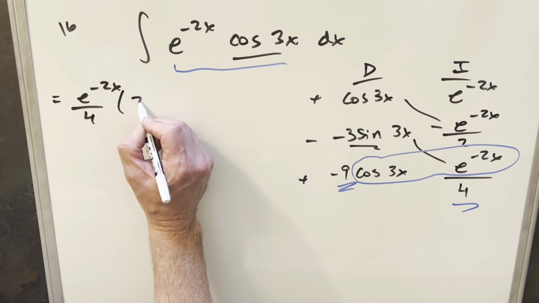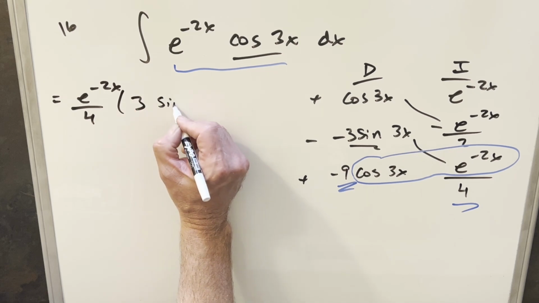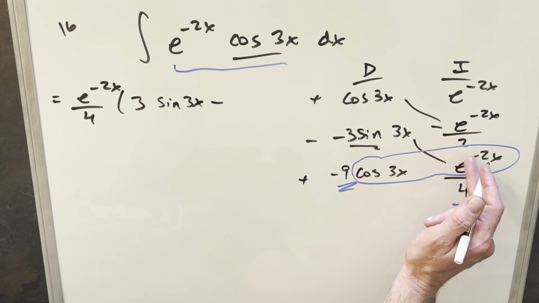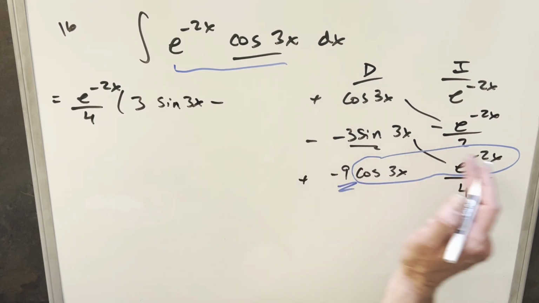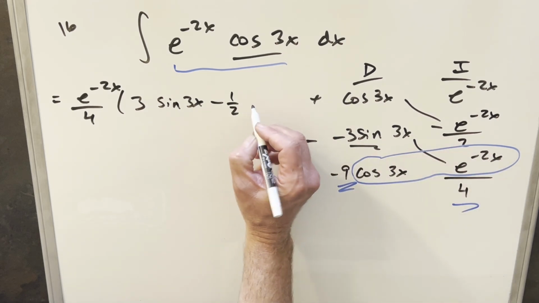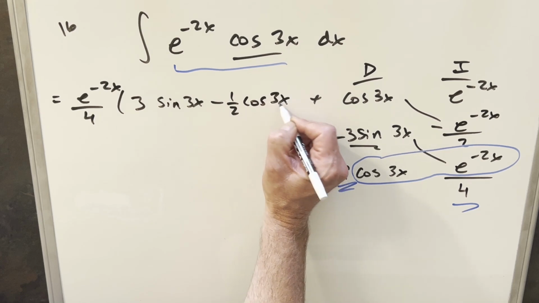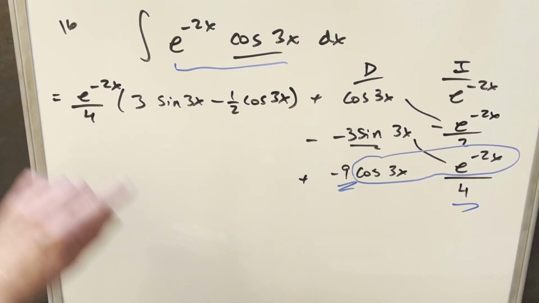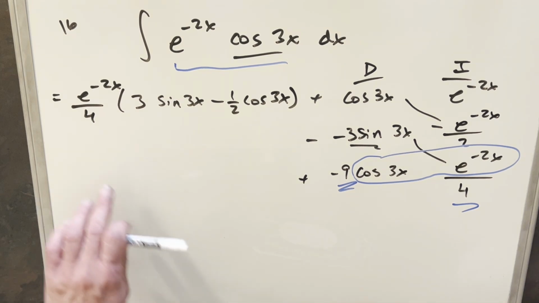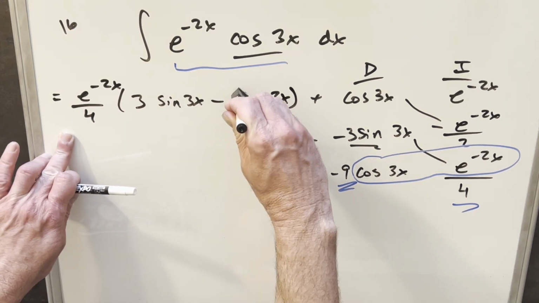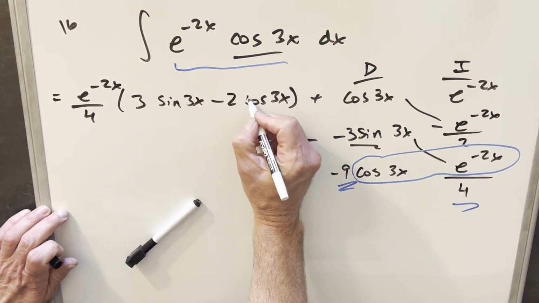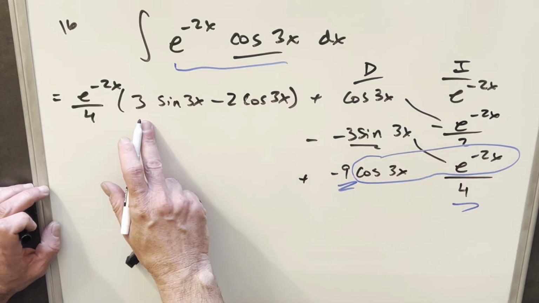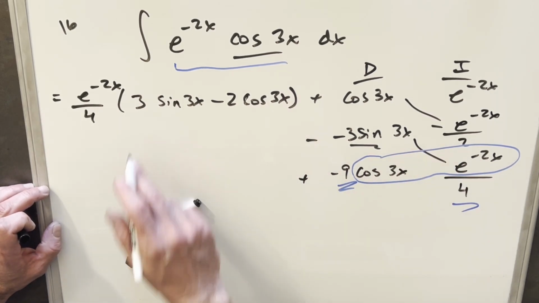So then this is going to become 3 sine 3x. This one's going to be a negative. But we have this 2, so this is going to become 1/2 cosine 3x. I know I'm forgetting something. I pulled out a 4. Oh, actually, sorry. If I factor out a 4, this needs to be a 2, right? Because doing that, minus 2 over 4 gives me this minus 1/2. This one, yeah, that works.